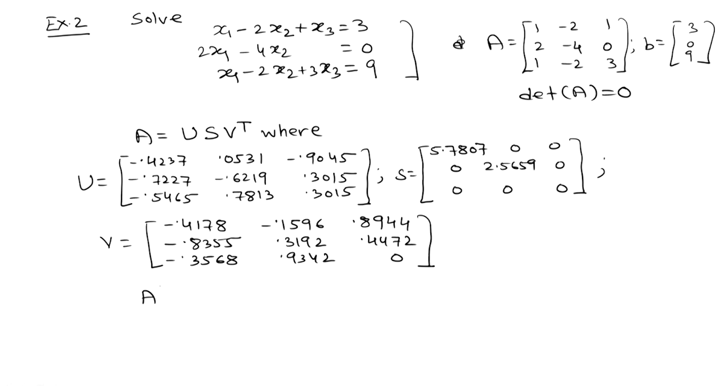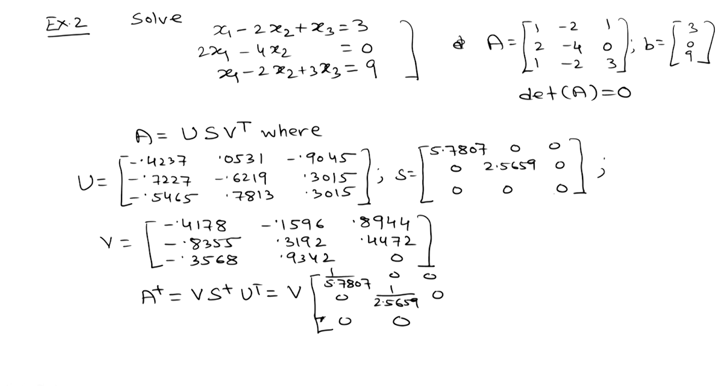So, here pseudo inverse A plus will become V S plus U transpose. So, you can write V from here. S plus will become 1 upon 5.7807, 0, 0, 1 upon 2.5659, 0, 0, 0, and according to the rule it should be 1 upon 0, but 1 upon 0 is not defined.